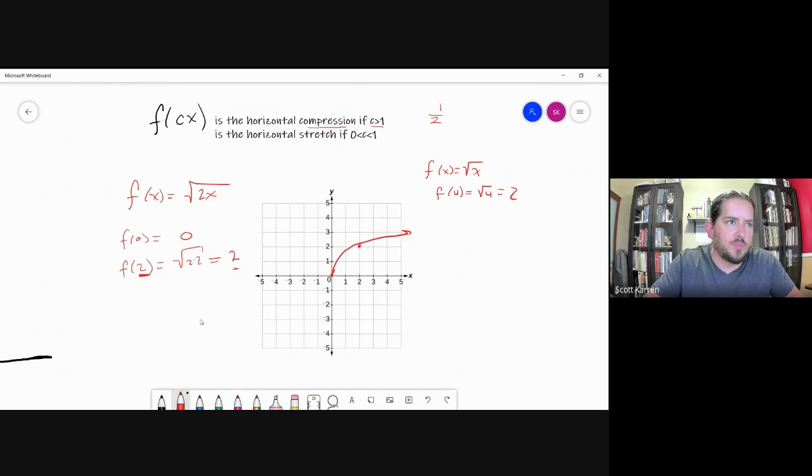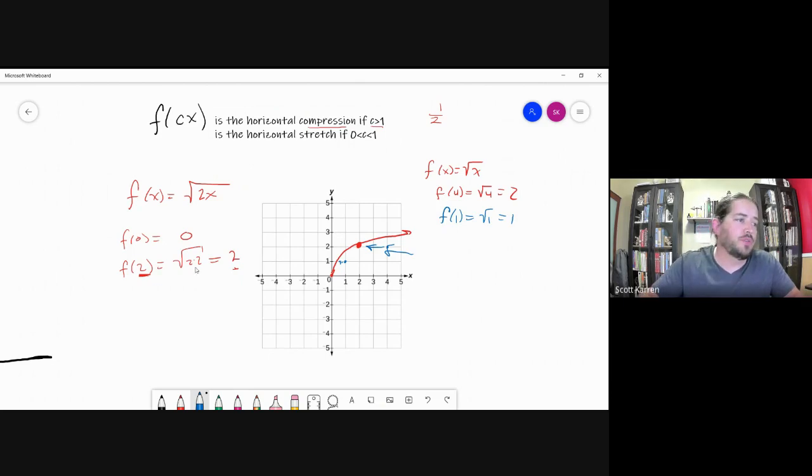So normally this point that I drew is not until here, which is to say I've been compressed by 1/2, right? The function at 1 of just the square root is just 1, so this guy that was at 1 is now at 1/2. So all of these values got squished in by a factor of 1/2, right?